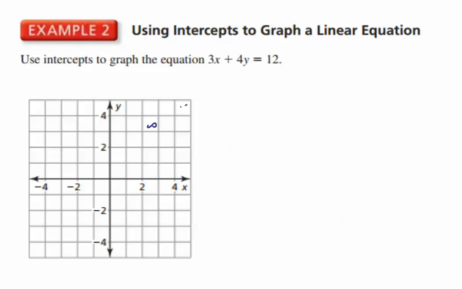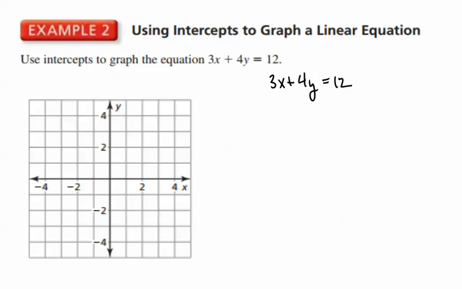Okay. So how can we use that information to find the intercepts of this equation and use those intercepts to graph the equation? Well, we start with our equation, which is 3x plus 4y is equal to 12.